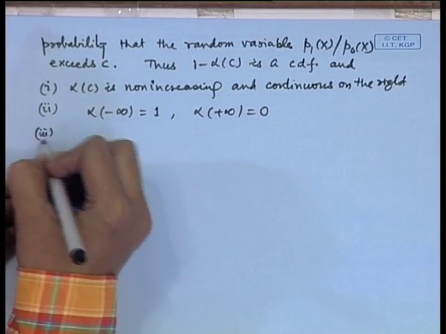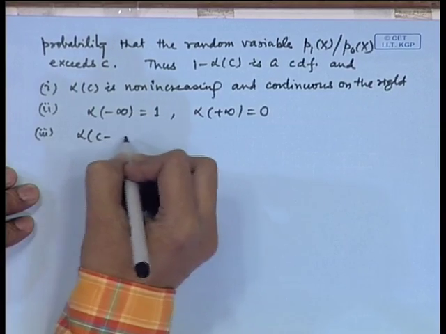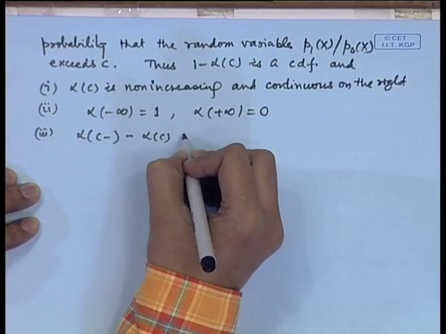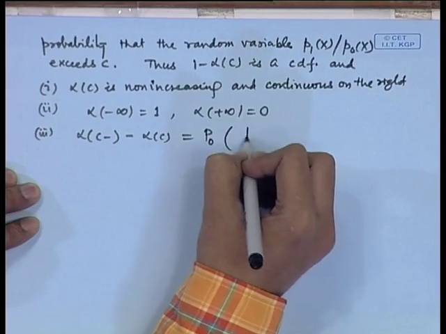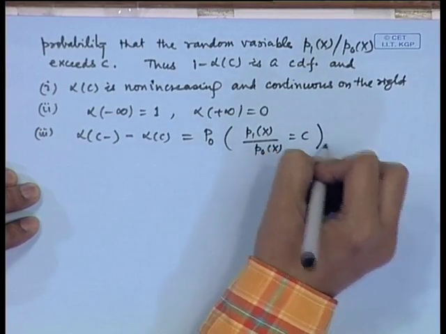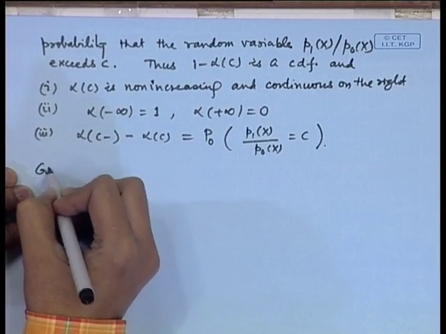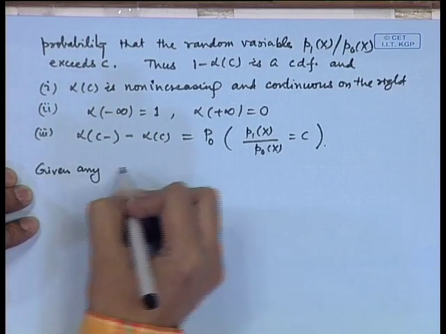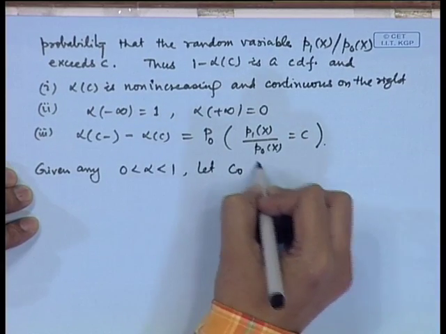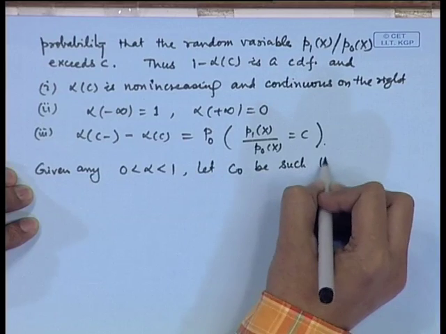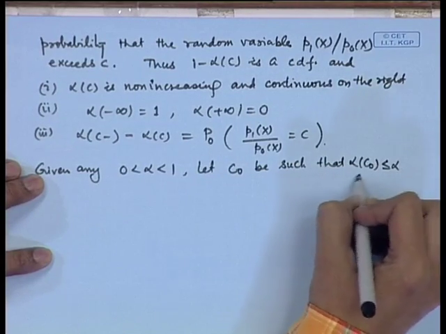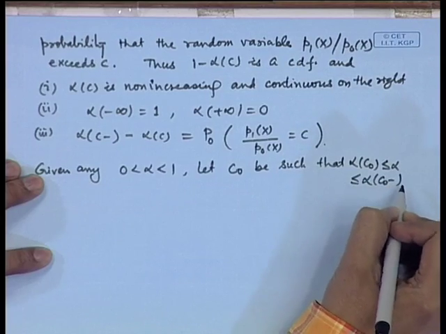The third is that alpha c minus, the left hand limit at c, minus alpha c is the probability that p 1 x by p naught x is equal to c. So, given any alpha between 0 and 1, let c naught be such that alpha c naught is less than or equal to alpha, which is less than or equal to alpha c naught minus.